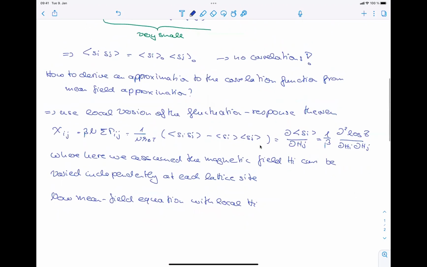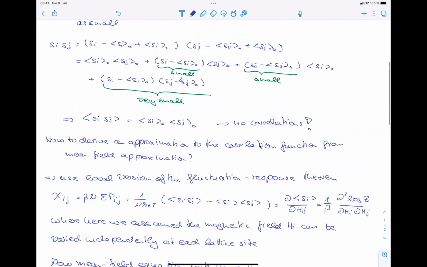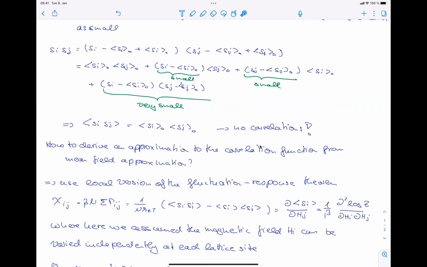And because we realized that this ansatz here was a little too strong, we're only going to neglect the second order fluctuations, and we'll drag along the first order fluctuations.